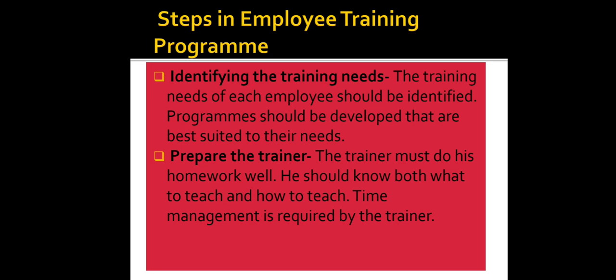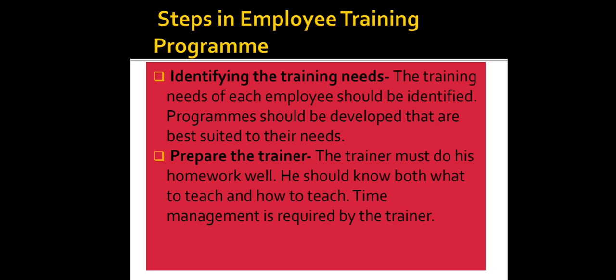Second step, prepare the trainer. Once the needs have been identified, the trainer must do his homework well. He should know what to teach and how to teach. The trainer should know what information and education he has to provide and how he has to provide those skills or education.